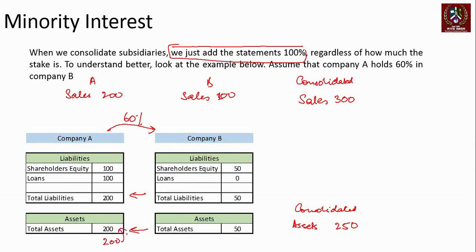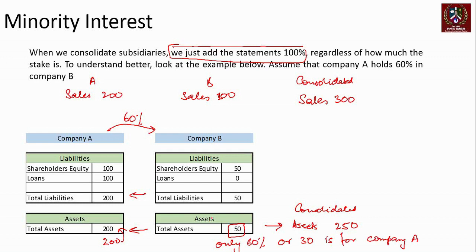Company A will get this entire 200 because they own this asset, right? Out of this 50, they'll get 50 surely. When they sell these assets in the consolidated setup, they will get 250. But out of this 50, only 60% or 30 is for company A, right? The rest is not for company A, right? Now that's going to create a problem, right?